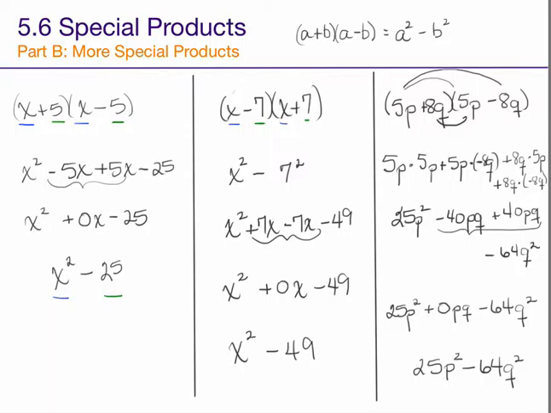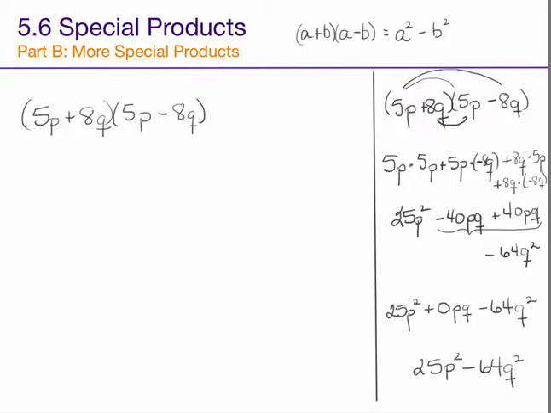That's the long way. I'd like to do this one using the shortcut too, because I want to point out a very important thing to be aware of. We need to be careful about identifying what our a's and our b's are. A is the first thing in the parentheses, the first term.